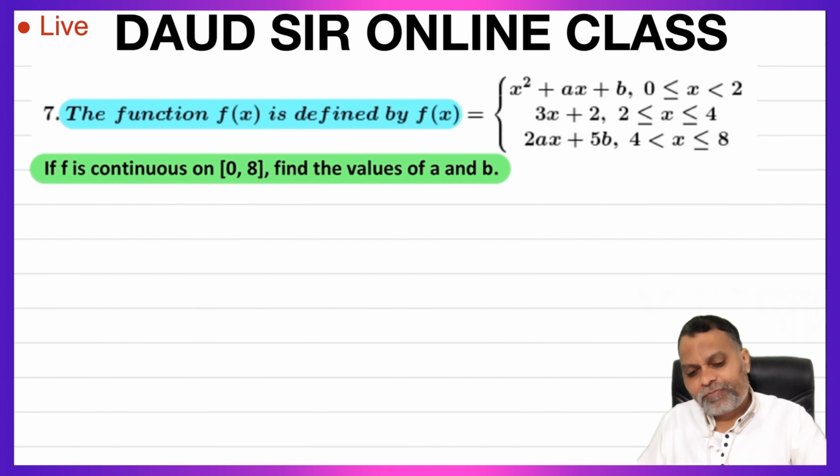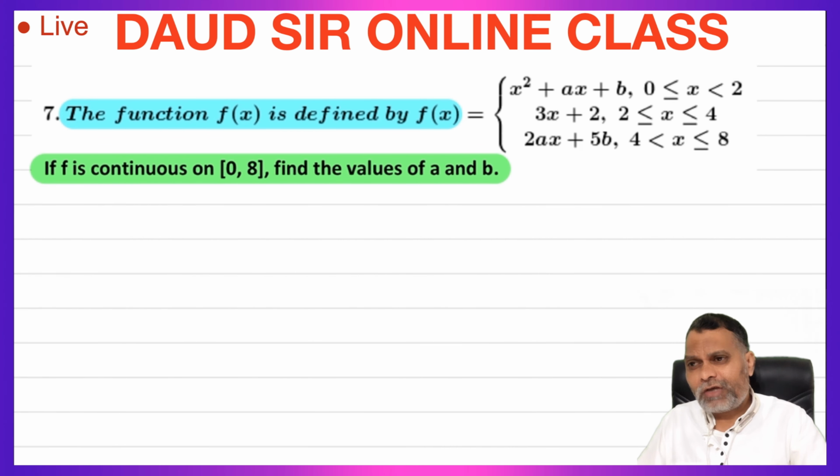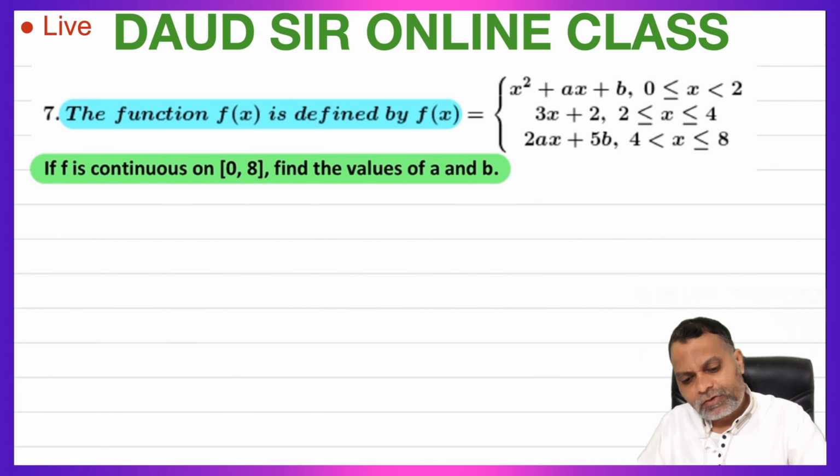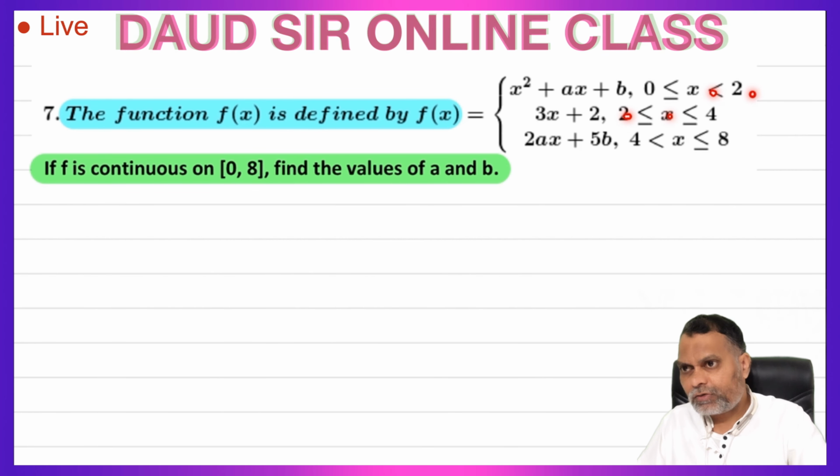So check here where the three values of x are given: equal to value, greater than value, less than value. At x is equal to 0, the value is given equal to 0, greater than 0, but less than 0 the function is not defined, so no need to take x is equal to 0. At x is equal to 2, the function is defined for greater than 2 and less than 2 also, so at x is equal to 2, 1 point.